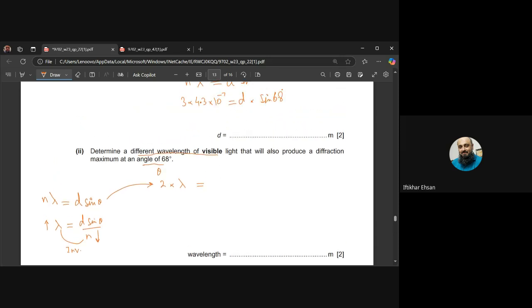So we can use 3 multiplied by this divided by sine 60. 6.4 times 10 power minus 7. Oh, sorry, for D it is 1.39 times 10 power minus 6.